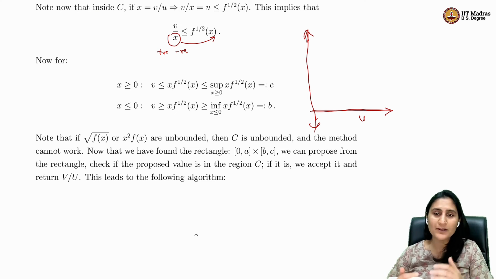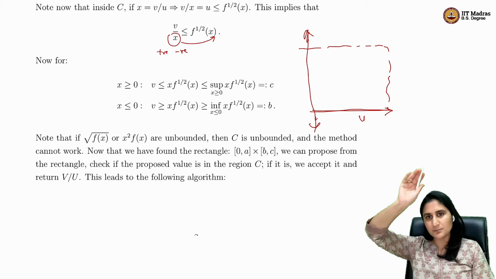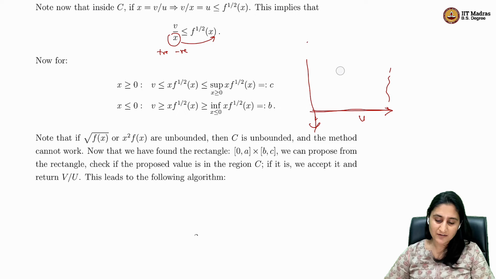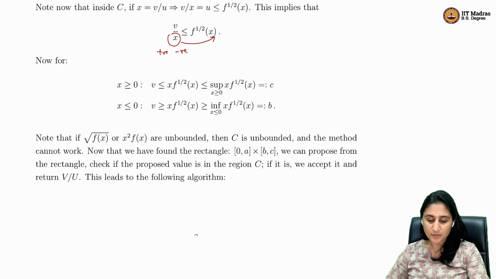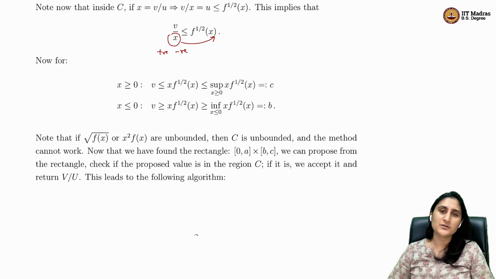There is no way to actually get an enclosing box. It's either going to keep on going in one direction or in the north or south direction. Because of that, C is not actually bounded. So if you can't get these to be finite, then C is unbounded and the method won't work.